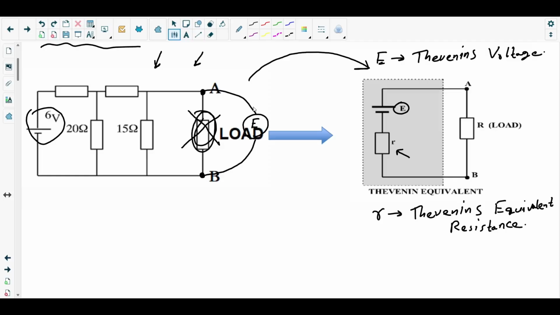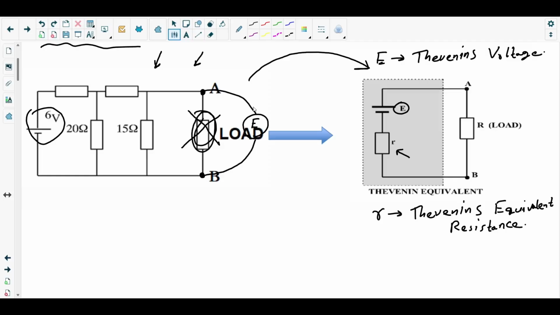It will tell you how much voltage will be available for the load resistor. There's a misconception: it will not tell you exactly how much PD will be across the load resistor. Thevenin's voltage is not the PD across the load resistor. It tells you how much voltage will be available for the load resistor to take.